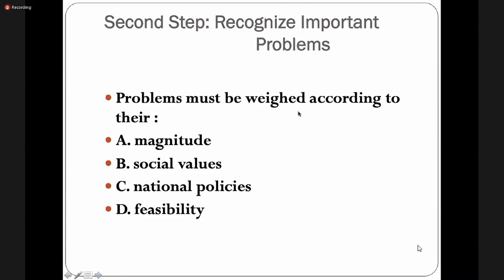Second step is recognize important problems. So problems, sa COPC, ito, ginawa na nito sa community diagnosis, magnitude, severity, pero on a broader scope, sa iba, in-analyze magnitude, social values, national policies, and feasibility. So, dun sa resources, kaya nyo bang gawin yun?